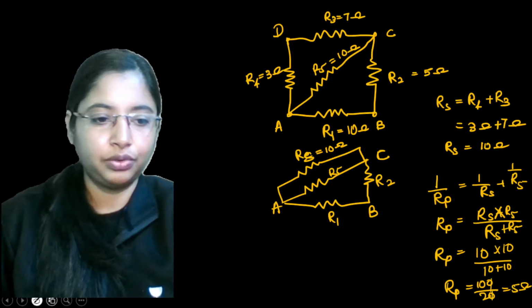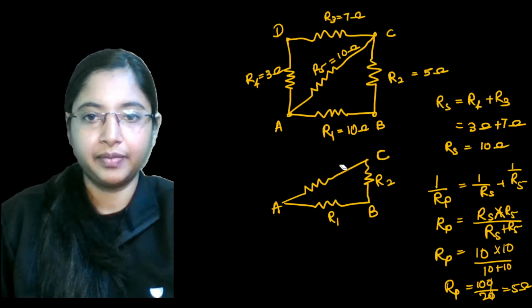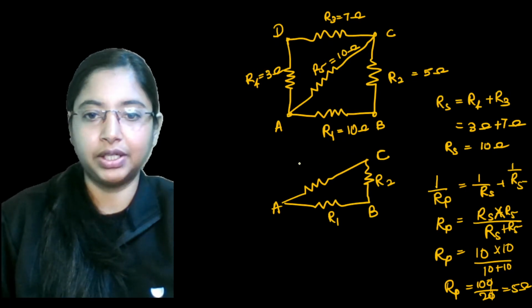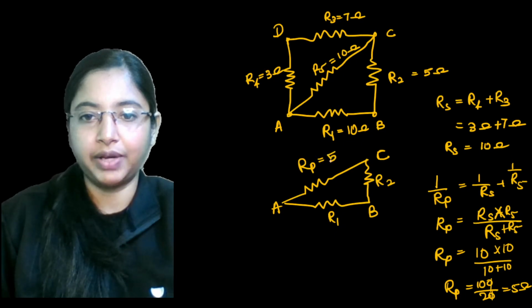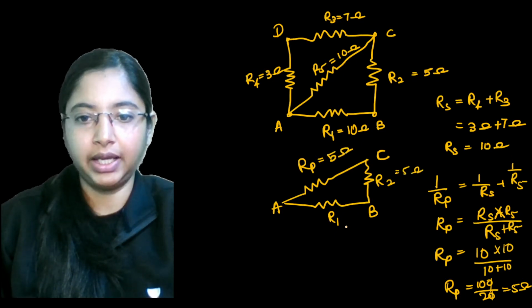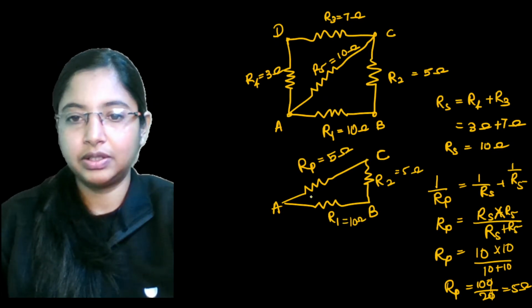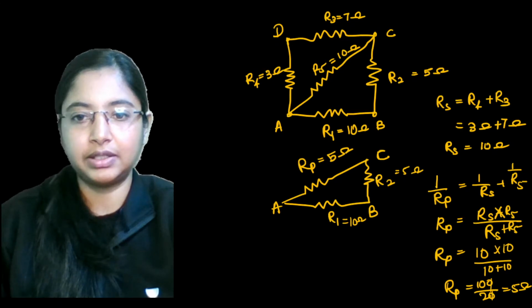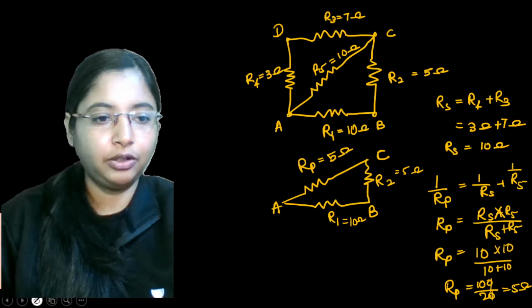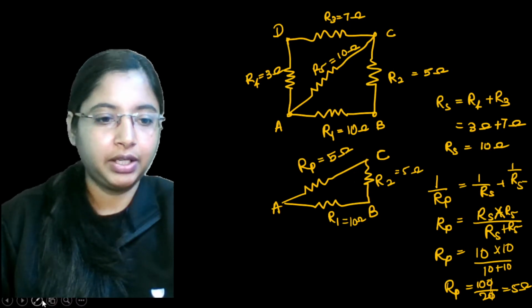Now instead of these two resistors, you can just use one single effective resistor, and in this case that will be 5 ohms. This is again 5 ohms and this is again 10 ohms. Now across this, there are two resistances that are in parallel. From point A to B, these two are actually in parallel.